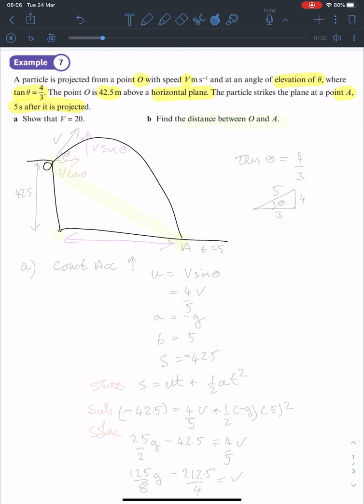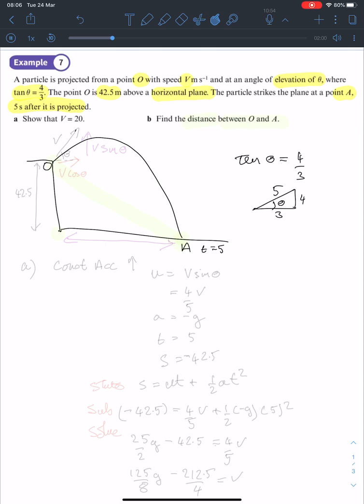So O is the point of projection, A, t equals 5 seconds. We're told tan theta equals 4/3, so we can draw the triangle. Tan is opposite over adjacent, and by Pythagoras, the hypotenuse then is 5.